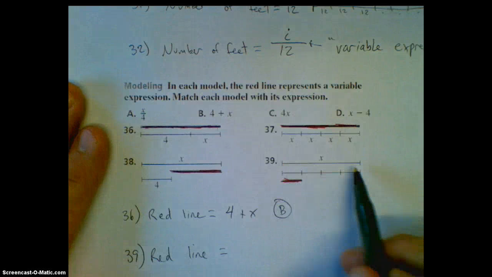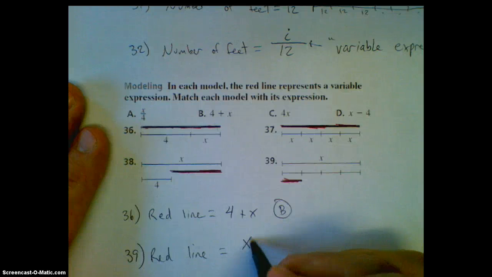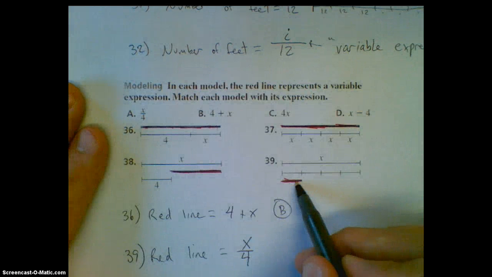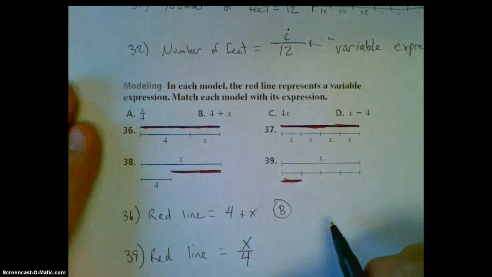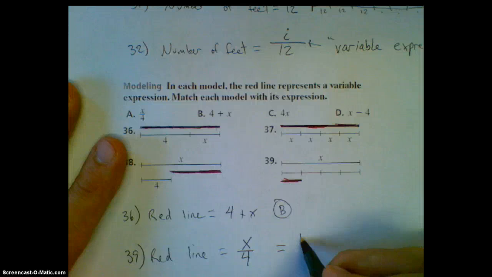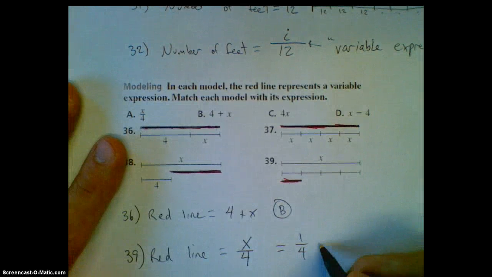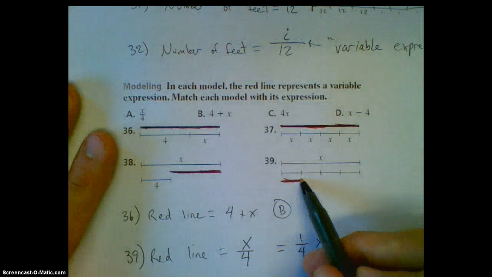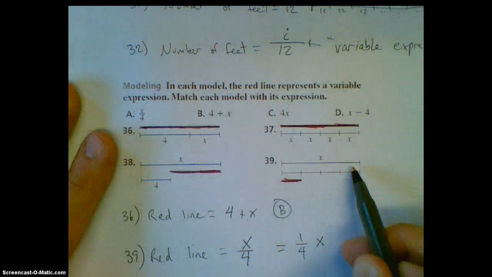So I can look at it as x over 4, because if I had 4 of those red lines, it would equal x. Or I can think of it as the red line equals 1/4 of x, because this red line is 1/4 the length of x.